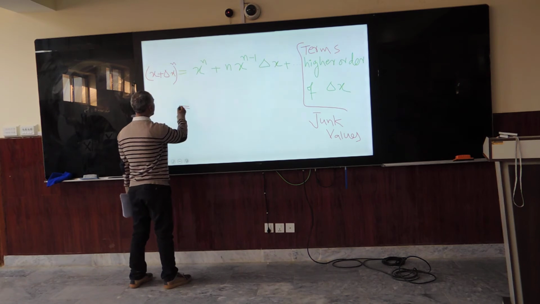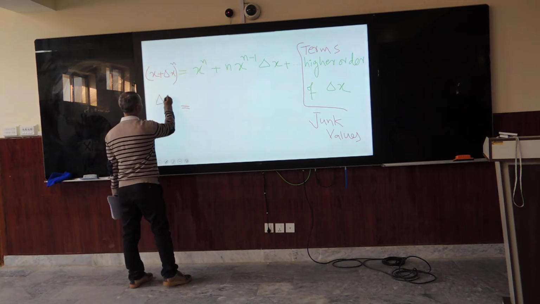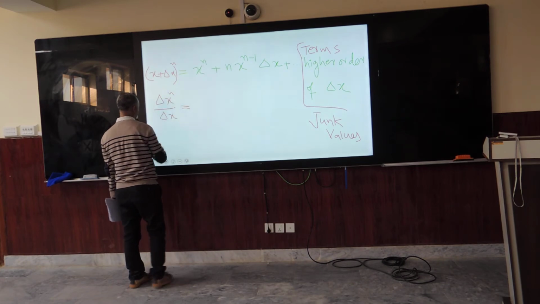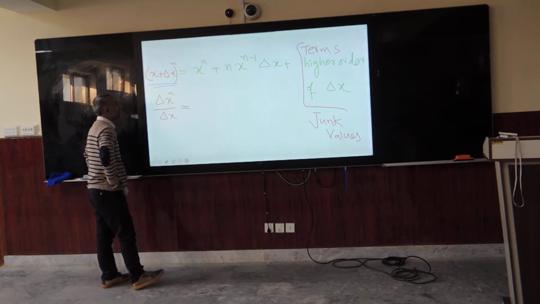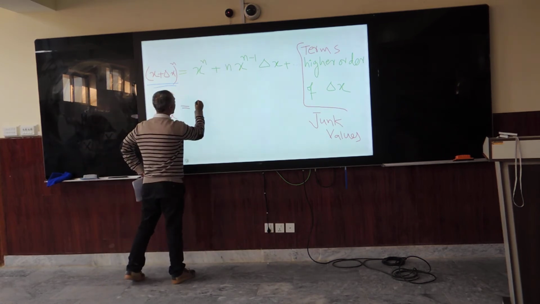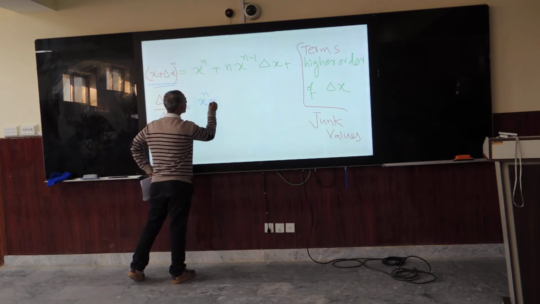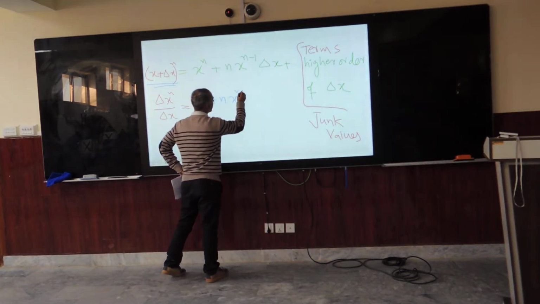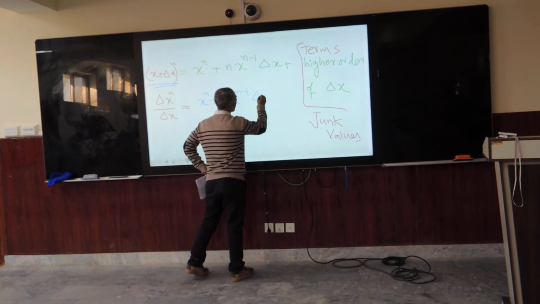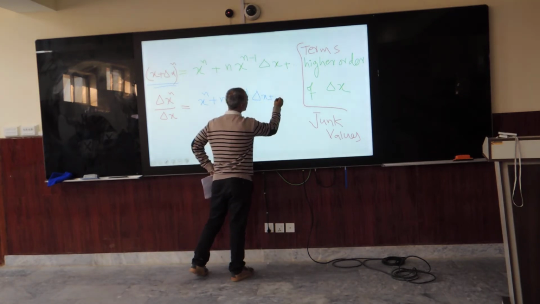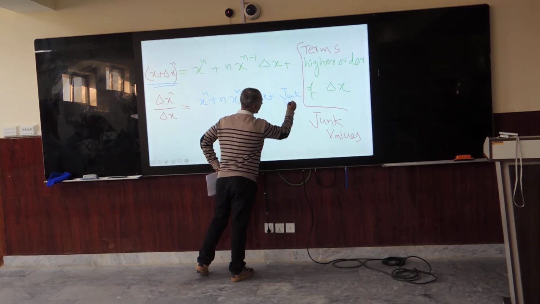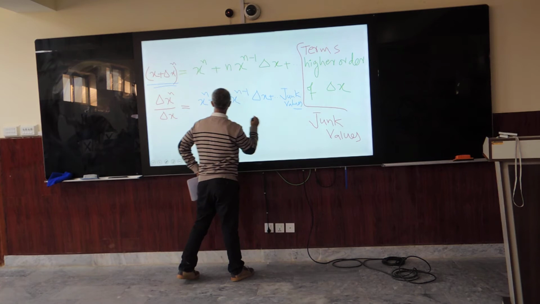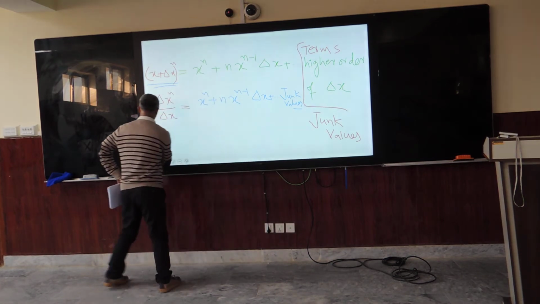So here we will have delta x, x^n, our delta x, and the value expanded with the help of the binomial theorem is x^n plus n x^(n minus 1) delta x plus junk values. What else here?